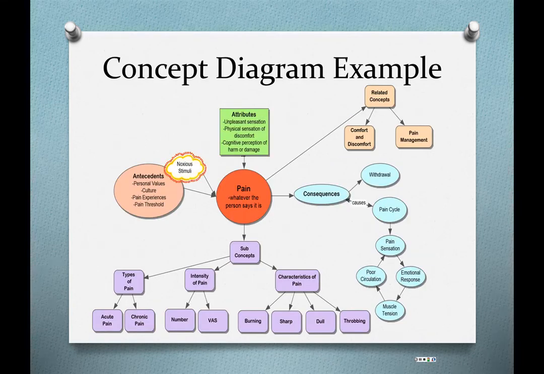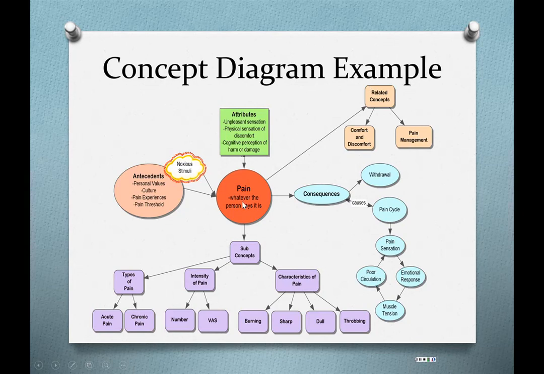Here's an example of a clinical concept analysis diagram that I developed a number of years ago. In the center is the concept of pain with the definition. Above it are the attributes that we identified. To the left were the antecedents, those things that exist prior to the concept's existence. And then the consequences were to the right. And in this diagram, you can see that there were some related concepts of comfort and discomfort and pain management.